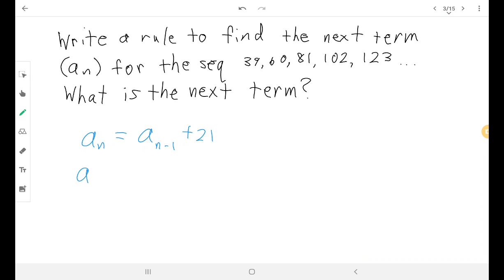If I'm looking for the 6th term, I would take the 6 minus 1th term, the 5th term, and I would add 21, which makes the 6th term 123 plus 21, which, if you do the math real quick on that, you get 144. So that 6th term, the next term, is 144. I'll give you a moment to look at that.